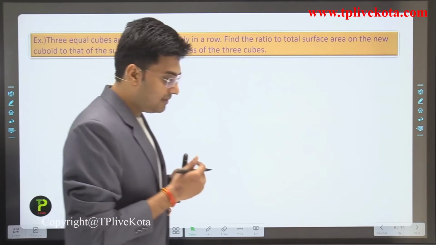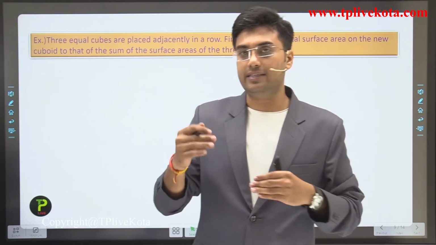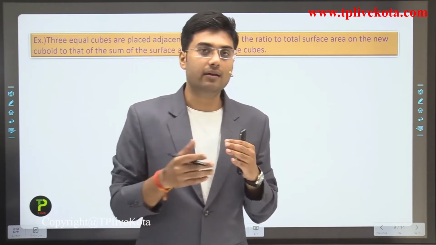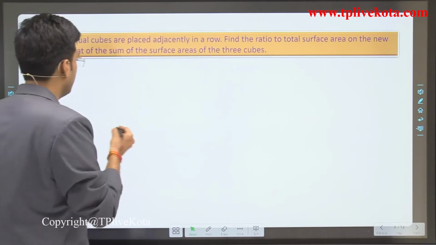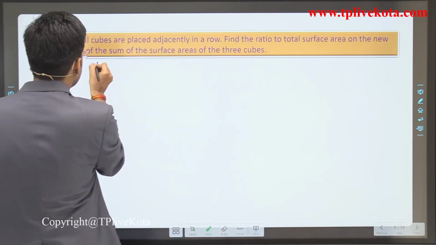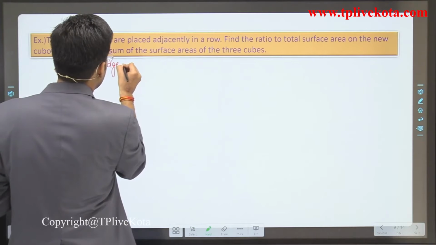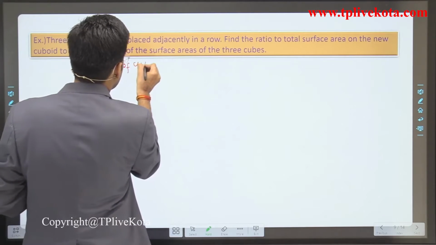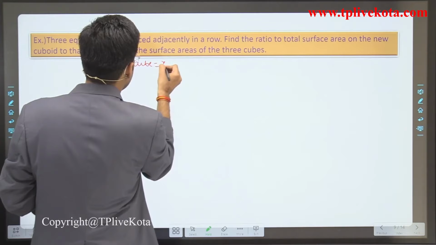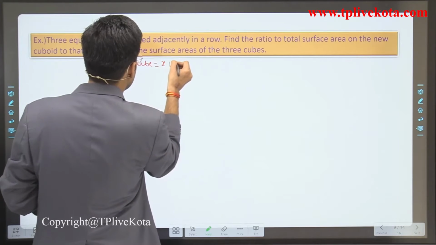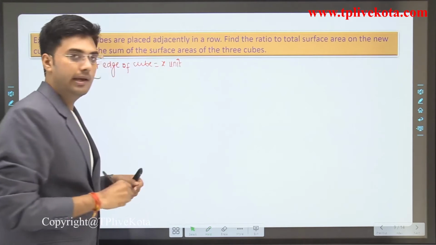Students, when we place 3 cubes adjacent in a row, we get 1 cuboid. So first of all, let the edge of the cube be x unit.